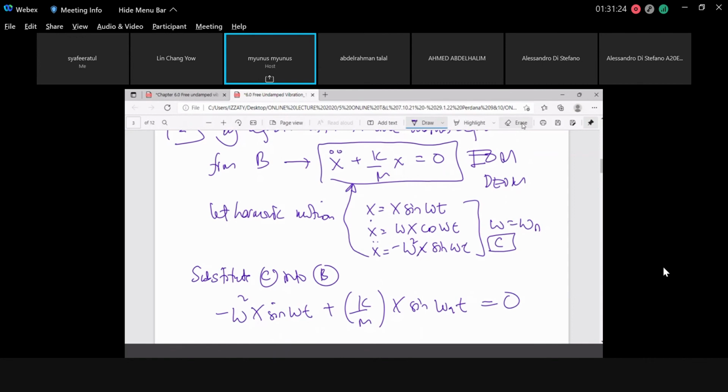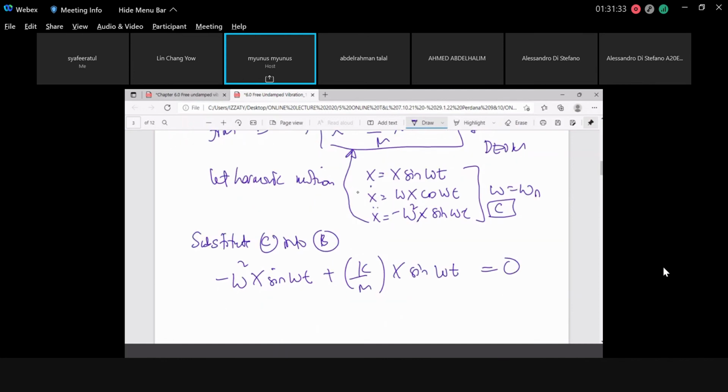I don't want to put n here because I don't want to confuse you. I put it as omega, then you know that omega belongs to omega n. Correct? Then you simplify this one. You will get negative omega square plus k by m, put it in bracket, factoring out x sine omega t.